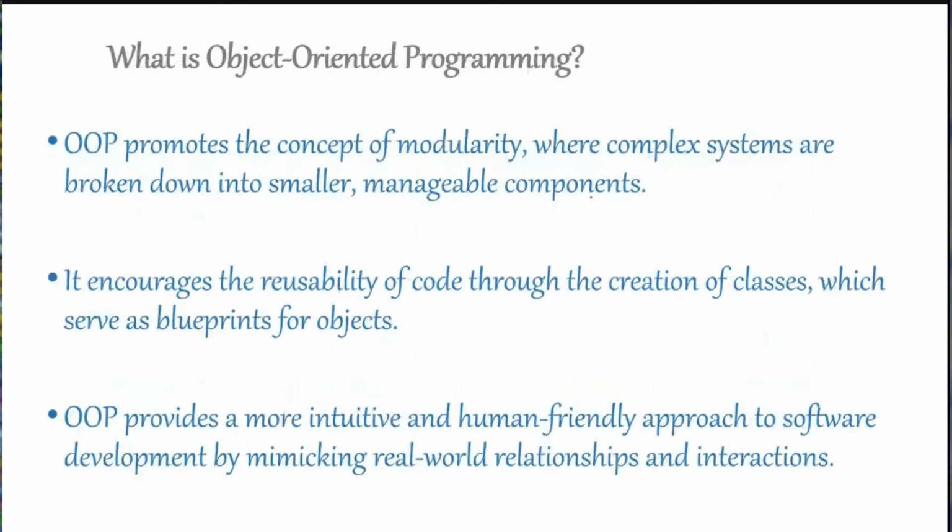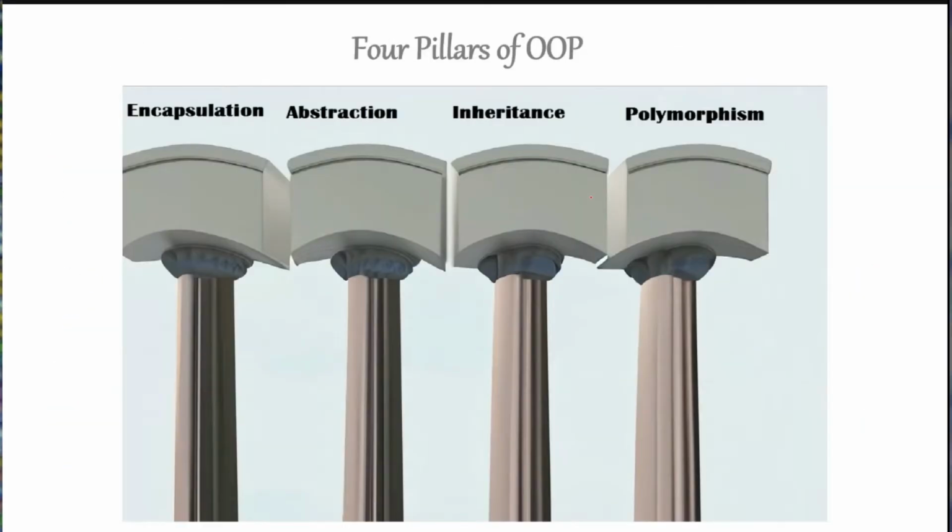Then after that, we have seen that a lot of advantages are there for object oriented programming. We are not repeating that. The main thing is that if you are learning object oriented programming, there are four main pillars. I know I'm repeating this content, but this is very necessary.